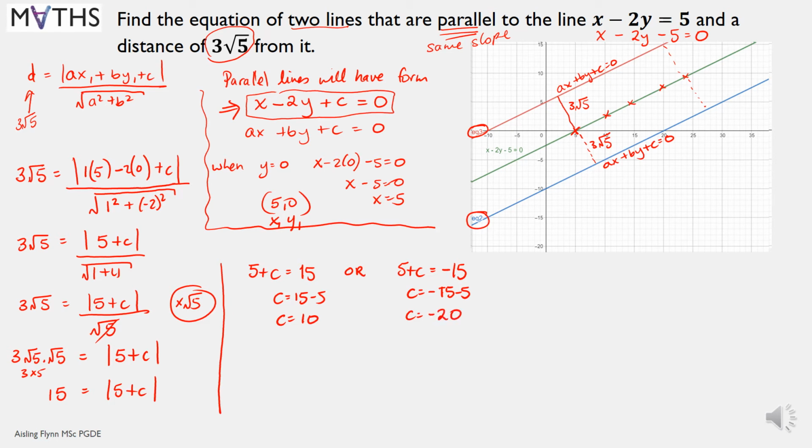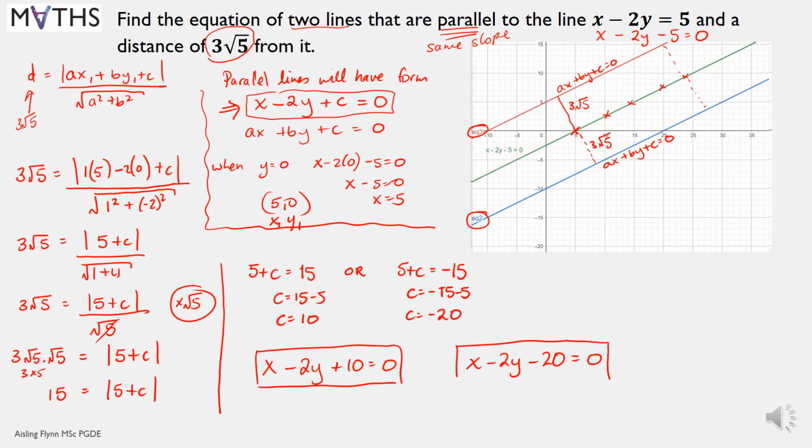And so my two lines, the higher one, the red one, will be x minus 2y plus 10 equals 0, and the blue one will be x minus 2y minus 20 equals 0. And there's the equation of the two lines parallel to the one given in the question, but a distance of 3 root 5 away.